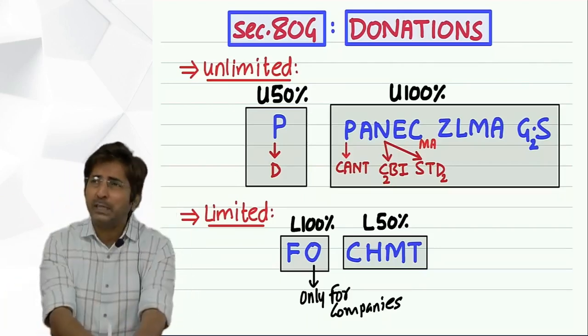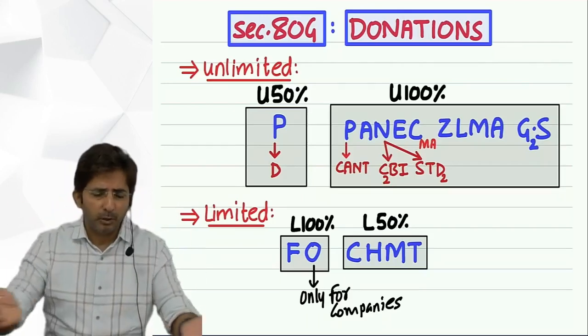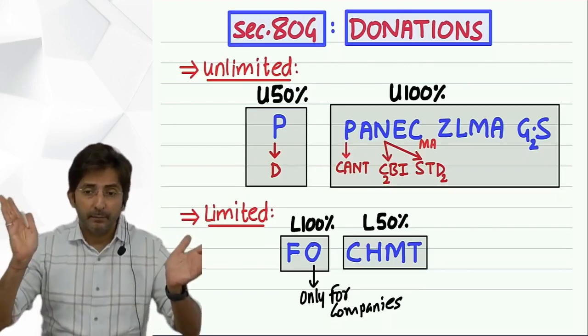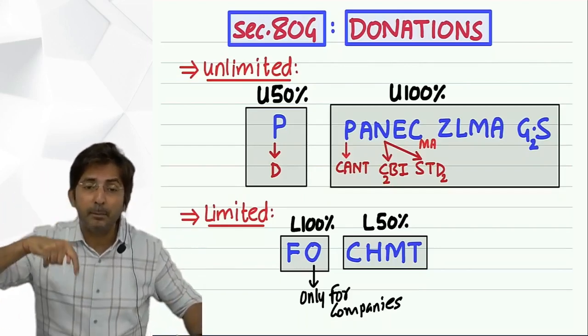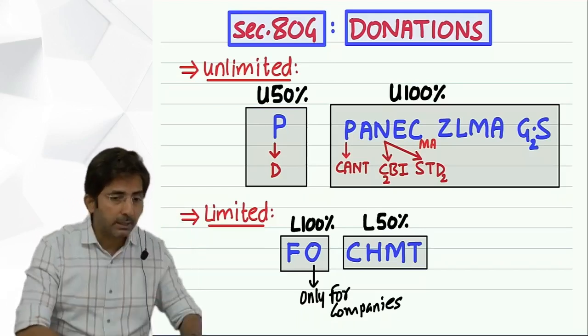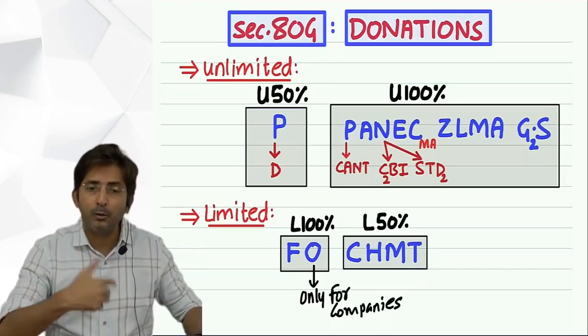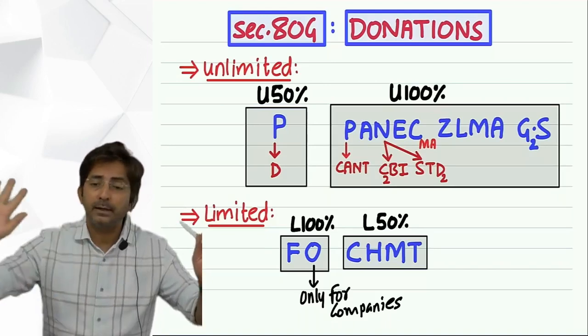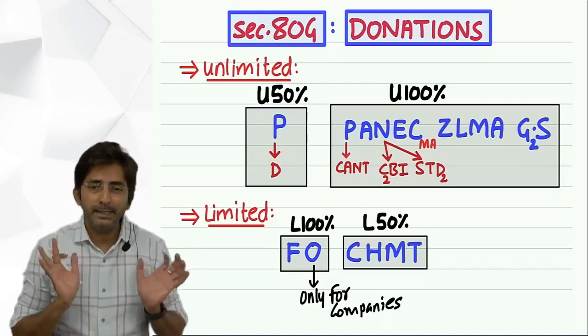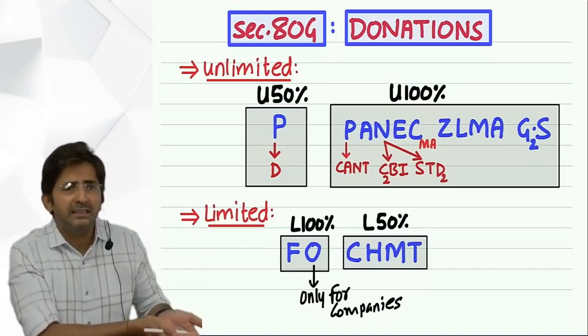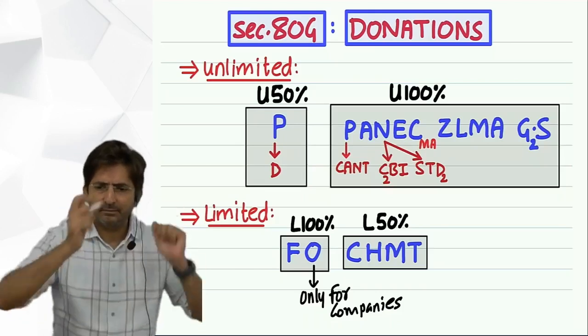Nowadays, buying a house has become a dream because the houses are so costly. But what does this housing development authority do? They construct houses at a lower cost, sell at a lower price, so that everyone can afford houses. But they need donations. So give donation and get deduction under 80G.